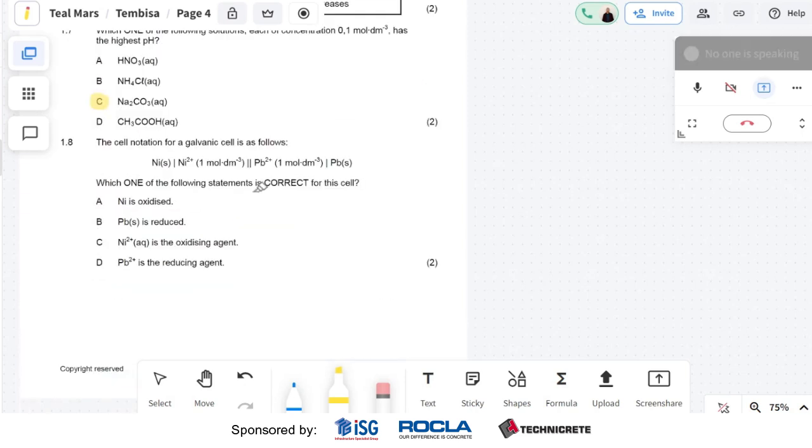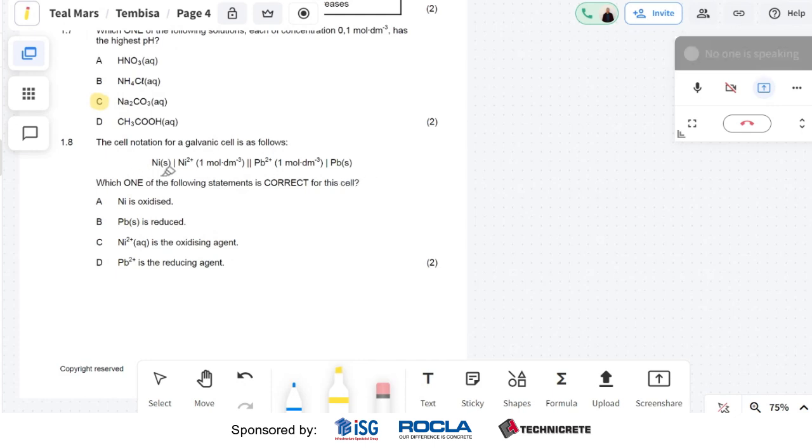1.8. By the looks of things, reading it first hand, it is an electrochemistry question. Reading it a second time, they say a cell notation for a galvanic cell is given as follows. Which one of the following statements is correct for this cell?